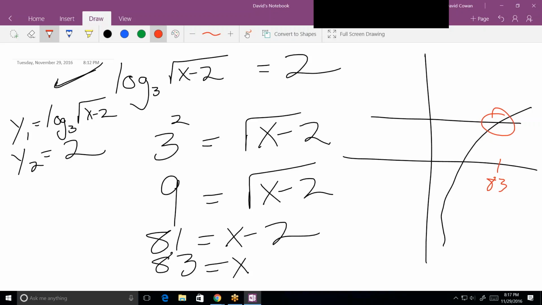In other words, the left side of the equation goes in as one function, the right side of the equation goes in as another function, and where they intersect gives you the solution for x. Not y, but x. And if you graph these two like this and find their intersection, it'll be where x equals 83.